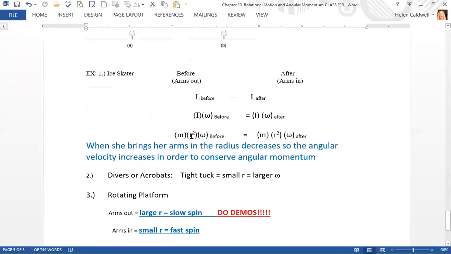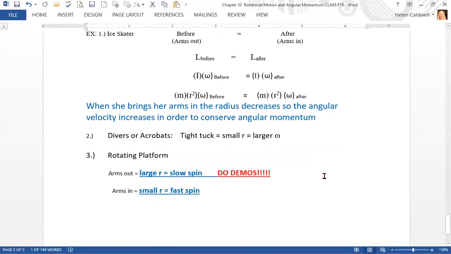So we go from a large r to a small r. And the masses stay constant. Well, if we go from a large r to a small r, but we have to keep them equal, that means we have to have an increase in our angular velocity. So as you reduce r, omega is going to go up.